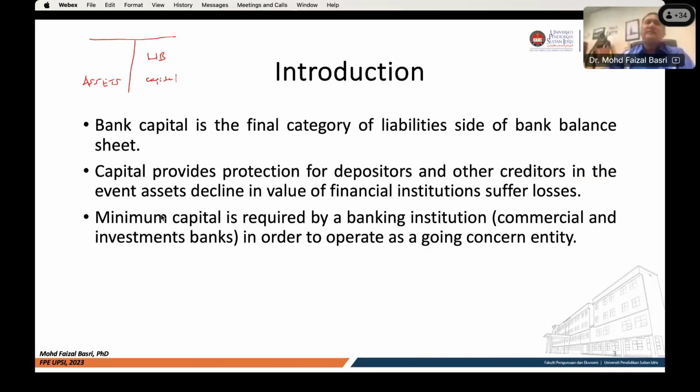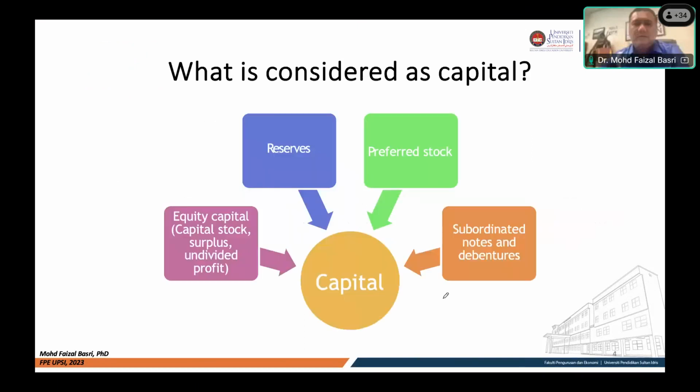Okay. So what is considered as capital? We have number one, the very first one, the equity capital. So we have the stocks, we have the surplus.